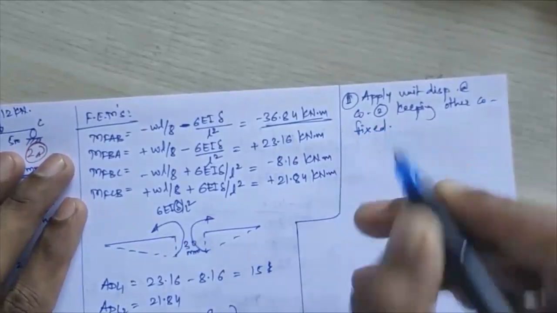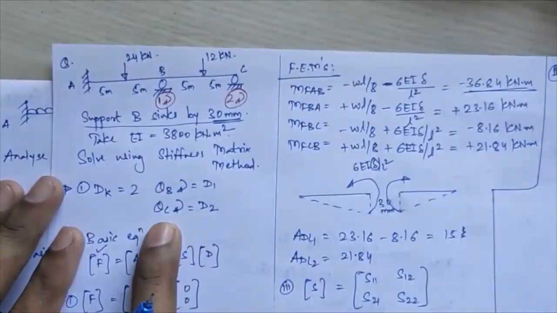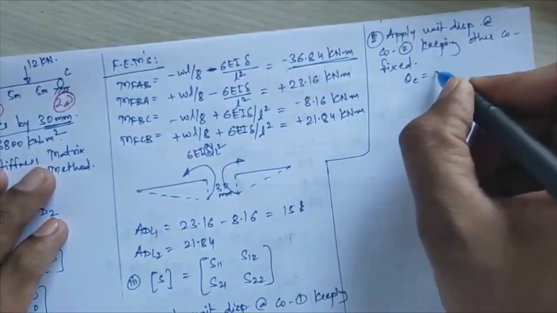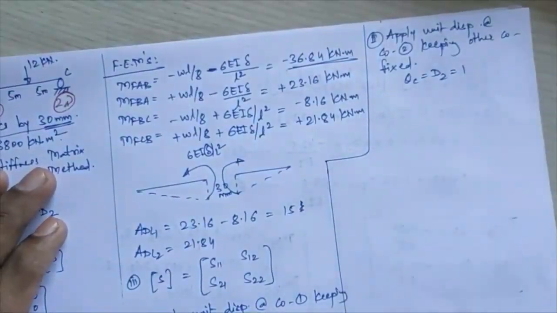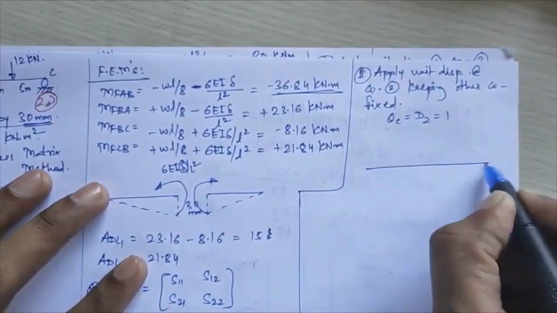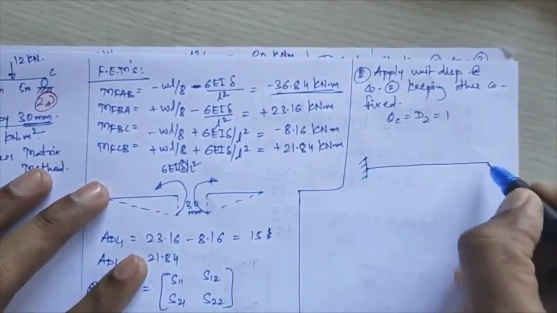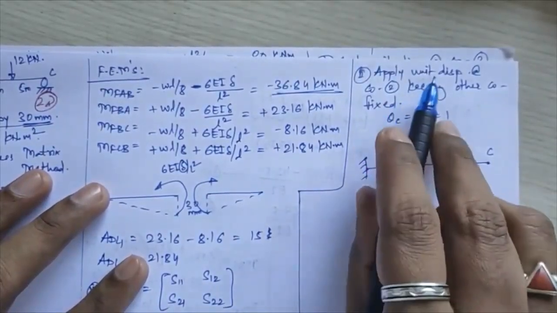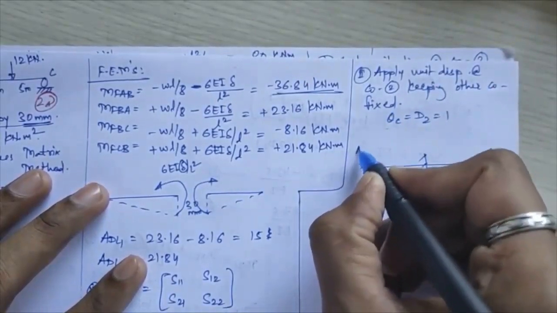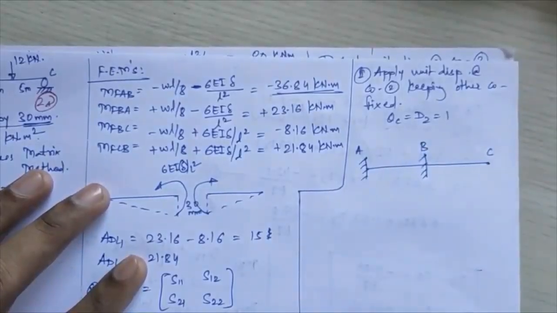That means at coordinate 2 you are having theta C over there, so D2 will be equal to 1 now. That means you have to apply theta C equal to 1 here. Okay, so I'll draw the diagram again. Here A is already fixed, C we now keep released, and you have to fix the remaining coordinate, that is coordinate 1, that is joint B will be fixed now.